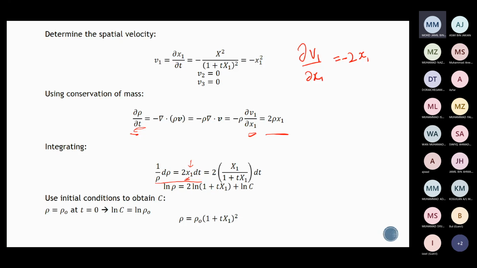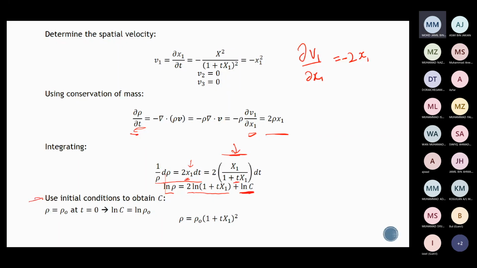So we write x1 in terms of time. So we take the original equation for x1. And then because there is a time here, you can integrate. Okay. So here you integrate, you get ln rho. So here you get 2 ln 1 plus t x1 plus a constant ln c.